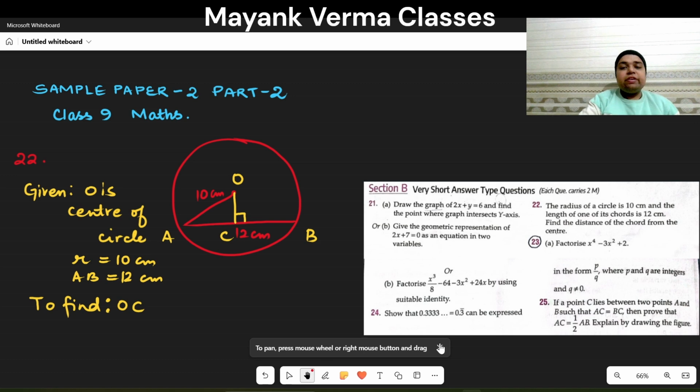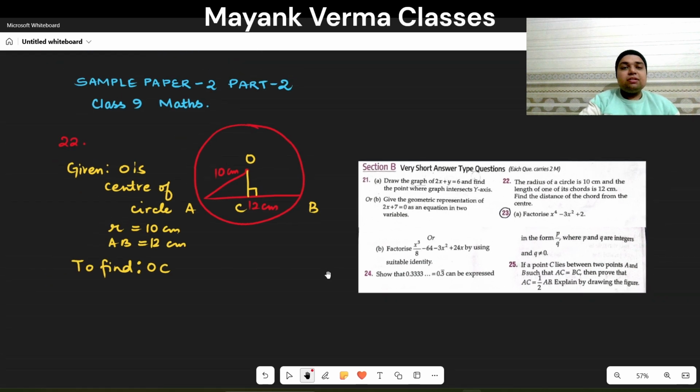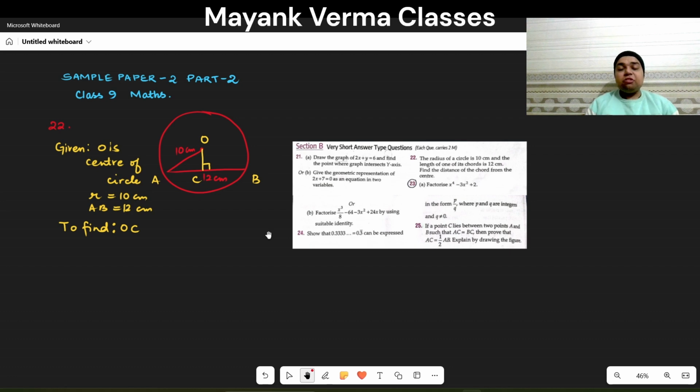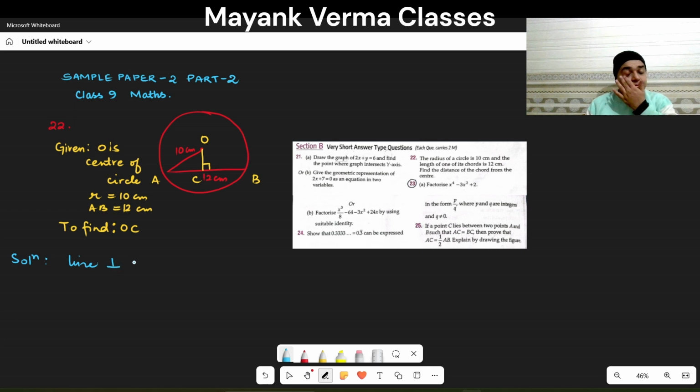Now see, we already know that a chord will be bisected by the perpendicular line from the center. So this will be the solution: a line perpendicular to a chord from the center of a circle will bisect the chord.